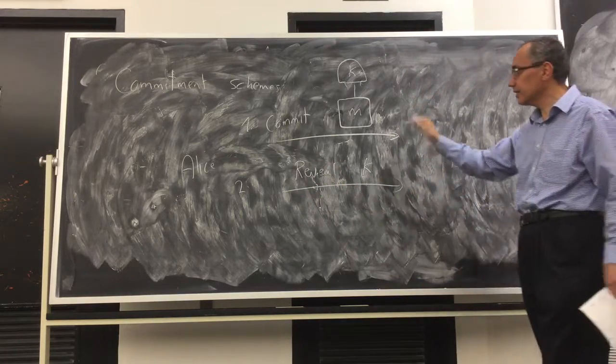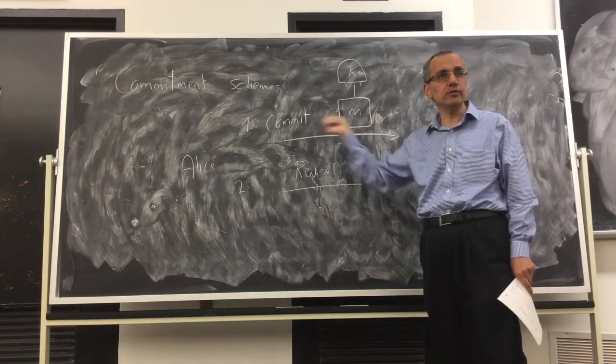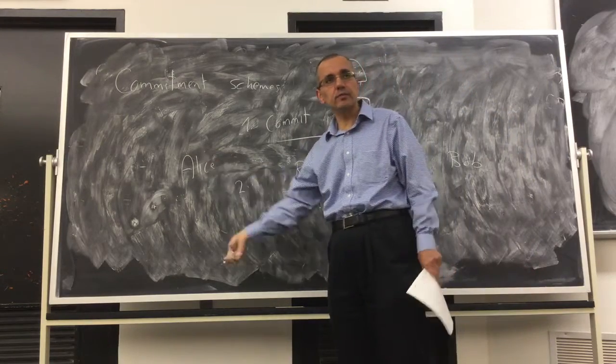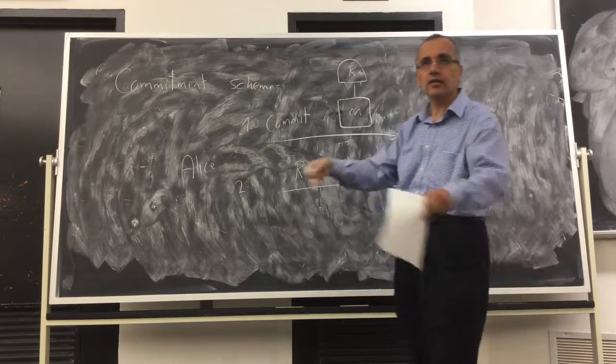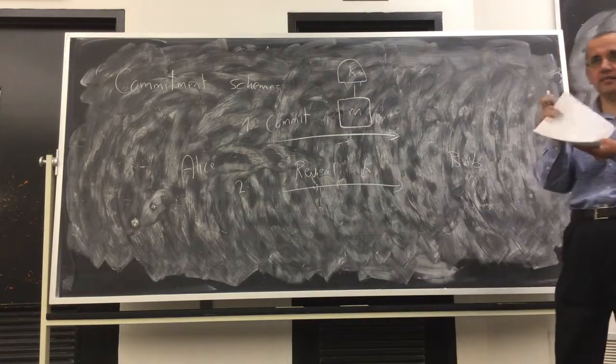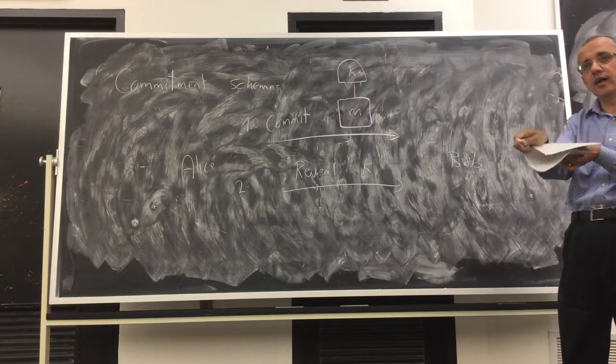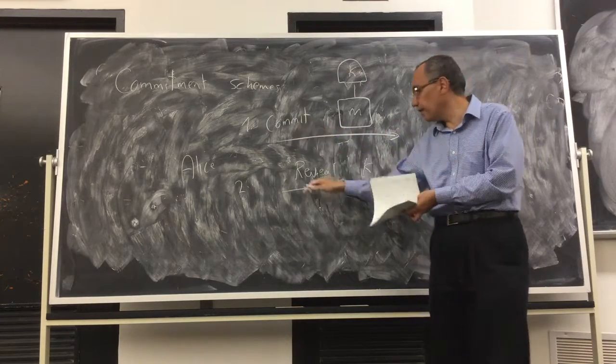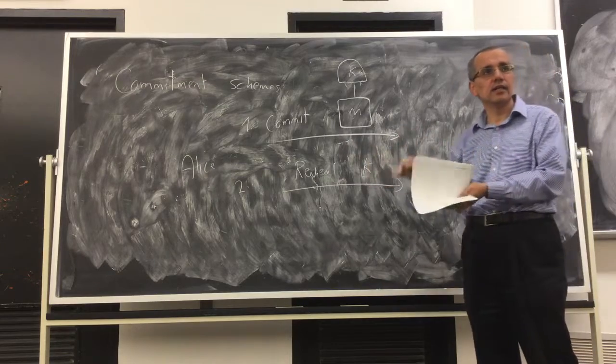You don't want the others to know what values these guys are sending, so it's not Alice only. You have several people committing, sending their closed bids, as if they send their values in a sealed envelope. And after the bidding phase, or the commitment phase, is done, you go back and open the envelopes.